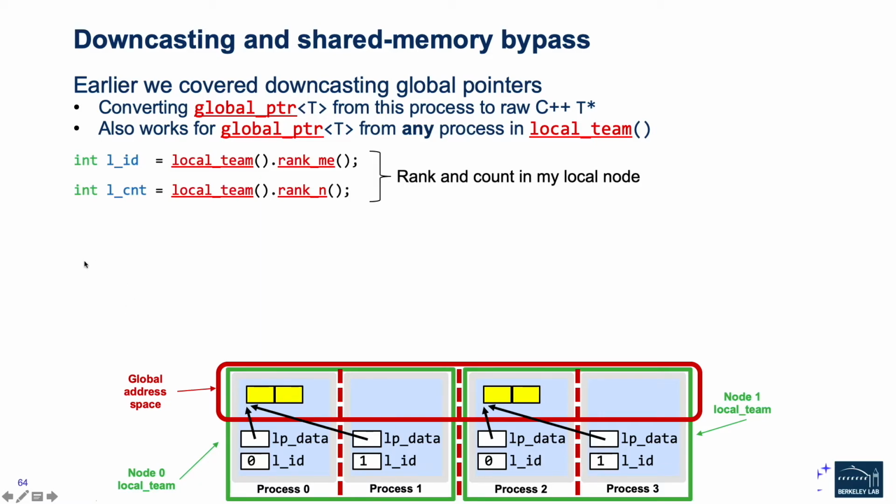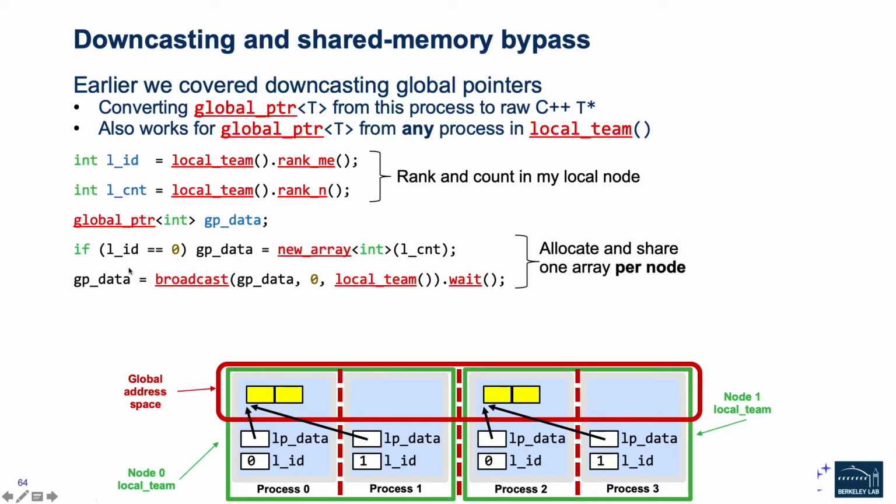The first thing that we need to do is obtain the rank numbers and the rank count for our local team. In this case, we have two processes in each of the two local teams. Process 0 has rank 0 in its local team, process 1 has rank 1 in its local team, process 2 has rank 0 in its local team, and process 3 has rank 1.